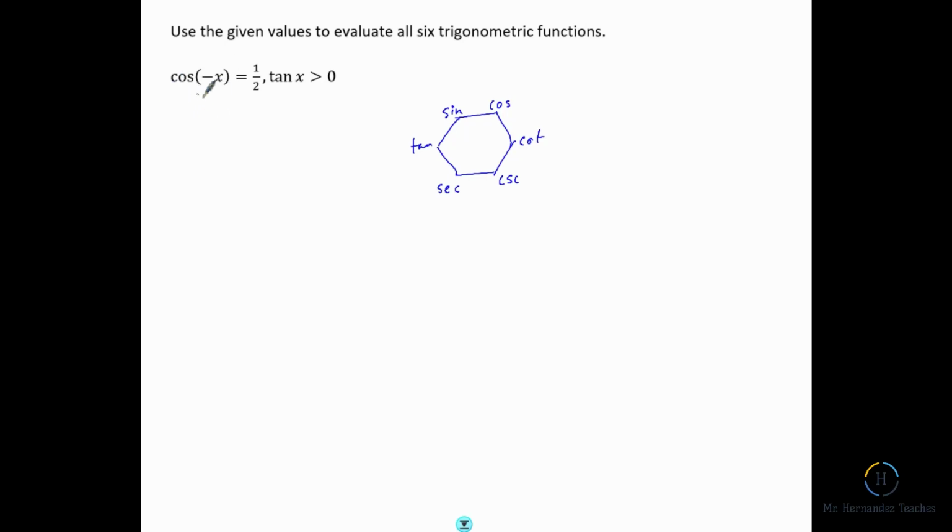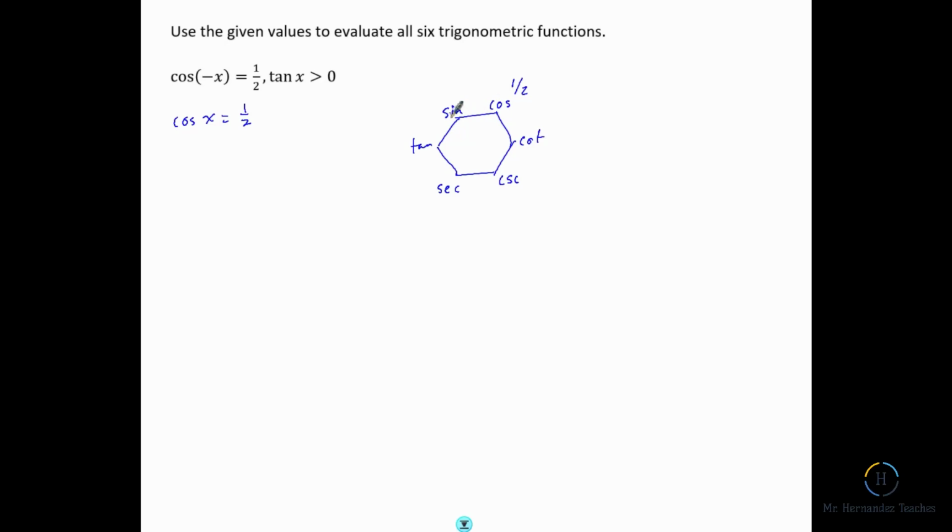Well, cosine is an even function, so that negative x really doesn't mean anything. So I can just have cosine of x is equal to 1/2. This is different than odd functions where it would come out here, but this is not an odd function, so we don't have to do that. So cosine of x immediately is 1/2.